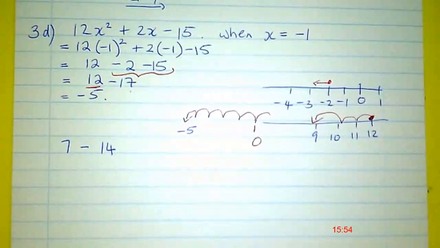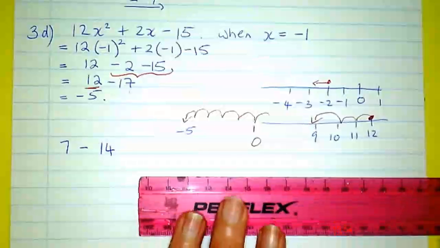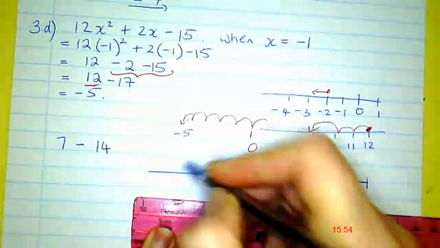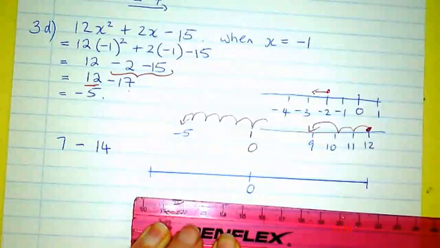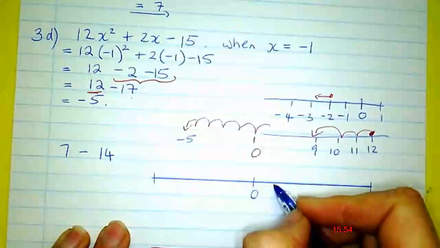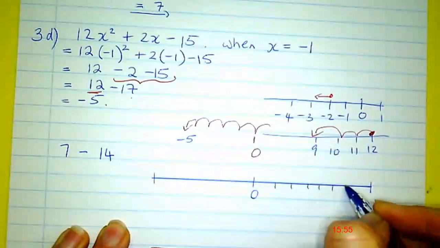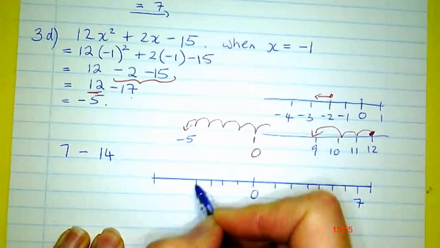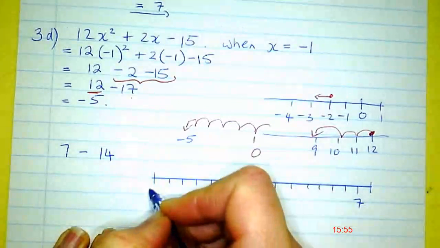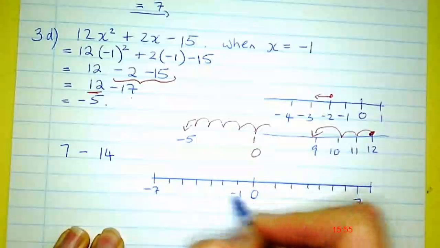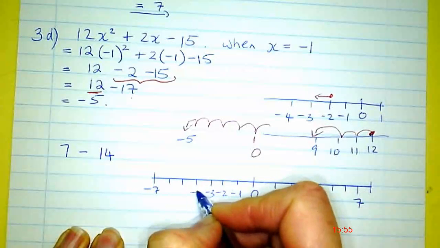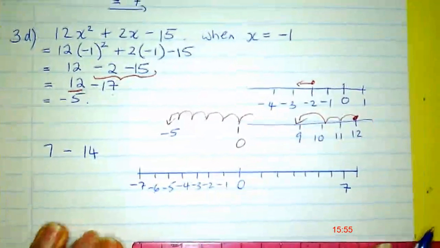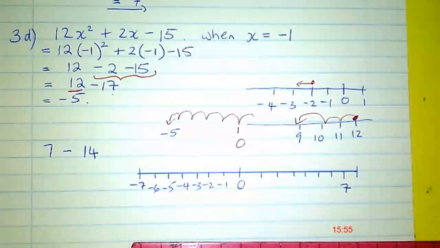Well, it's the same story as I was trying to indicate to you just now with the number line. Our number line is such a useful concept. So I go 1, 2, 3, 4, 5, 6, 7, there's my 7. And then minus 1, minus 2, minus 3, minus 4, minus 5, minus 6, minus 7. I'm trying to do the sum 7 minus 14.